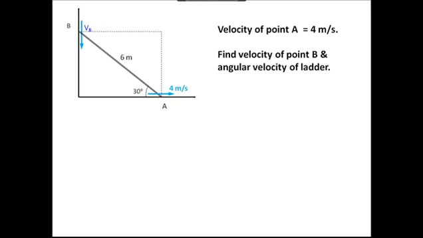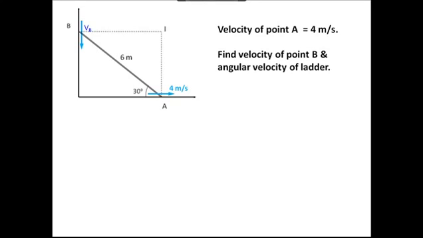Our first job is to find the instantaneous center. If you have referred to the earlier videos, you will know that the instantaneous center can be found by drawing perpendiculars to two velocity directions on the body. So to VA, which is along the x-axis, and VB, which is along the negative y-axis, we draw perpendiculars. Wherever these perpendiculars meet, that's the instantaneous center for ladder AB.